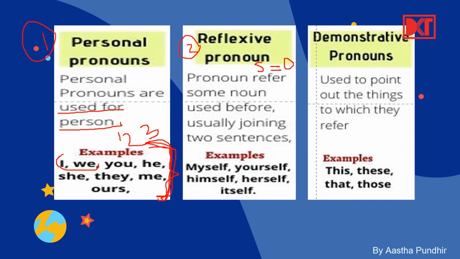Myself, yourself, himself, herself, itself. And the demonstrative pronouns are the ones which are used to point out the things to which they refer. For example, this, that, these, those. So these are the 3 categories of pronouns that we have done, and we will now be moving towards a quiz.